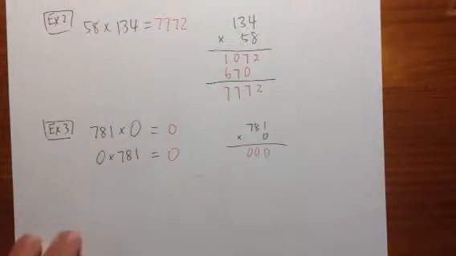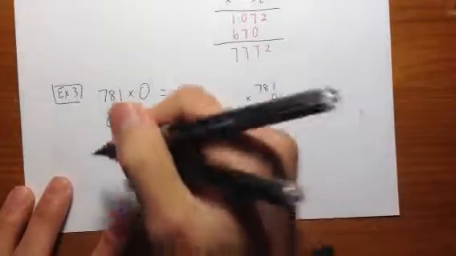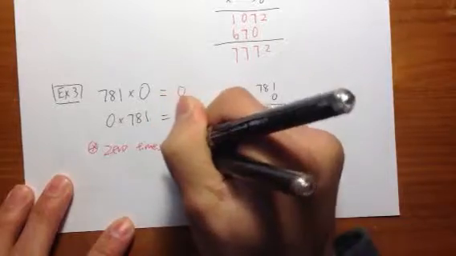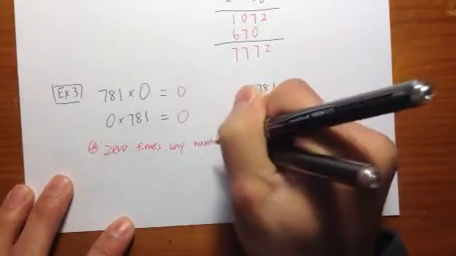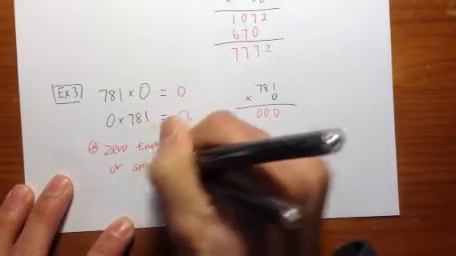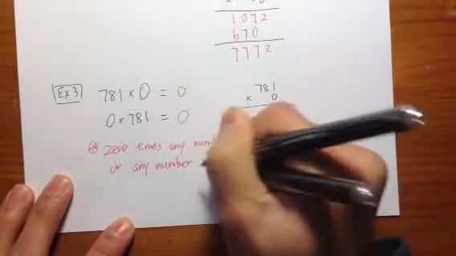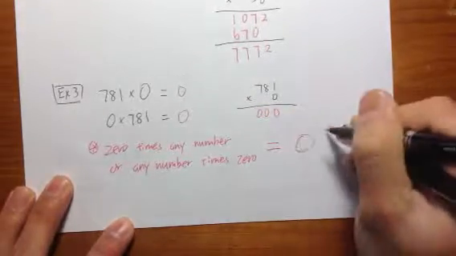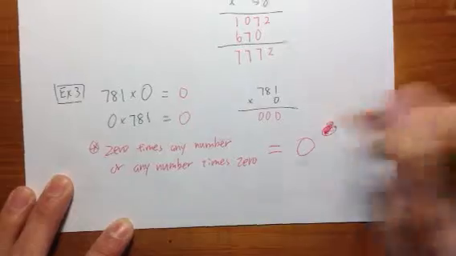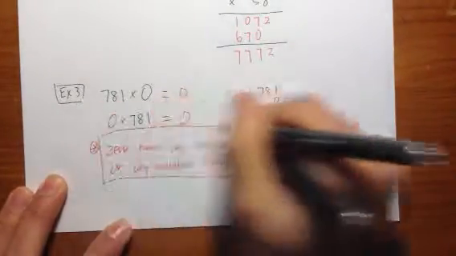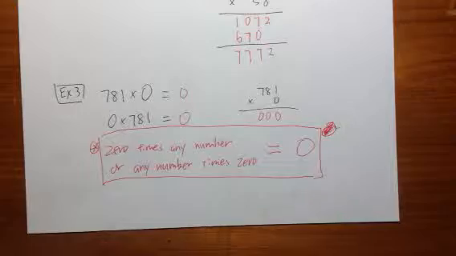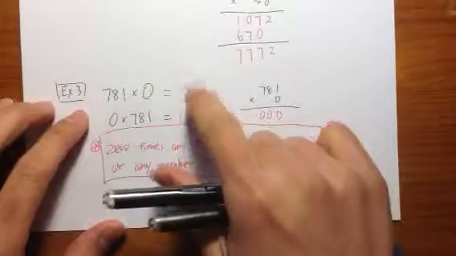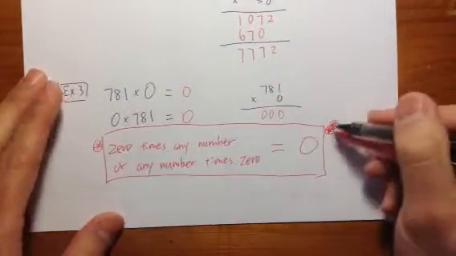Right? 0 times anything, let me write that down actually. 0 times any number, or any number times 0, this will give you 0. Shouldn't put it right here, but I'll just box it. There we go. So if you are doing a multiplication question, and then if you see a 0 times like a big giant number, well, that's just equal to 0. That's a very easy question.